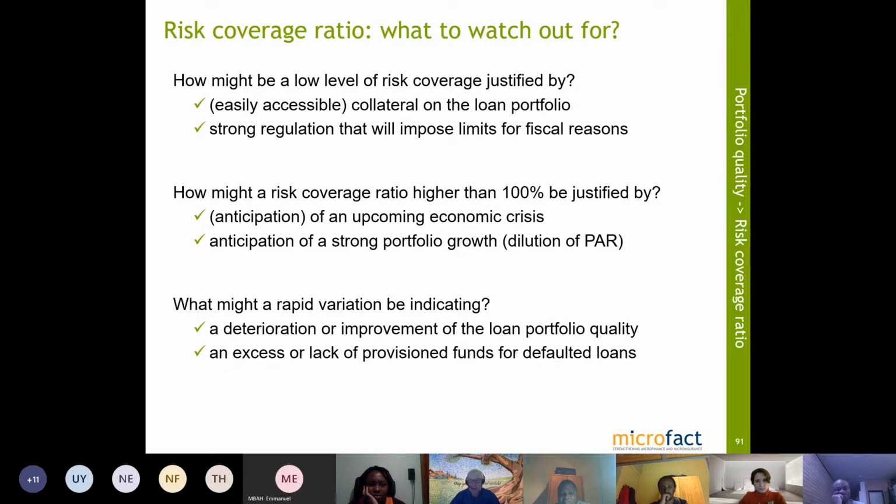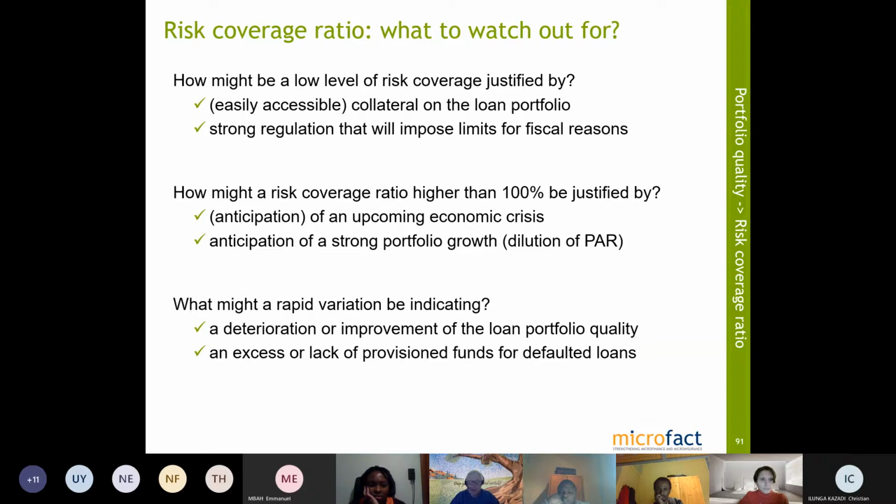That's what the regulator is saying. So organizations are perhaps not allowed to do this according to regulation, but sometimes you have to be more severe than the regulator. If you feel that it's required for the organization, you can make more provisions, but in that case, these provisions are perhaps not tax friendly. You have to pay taxes in advance. So that's sometimes a balance you have to find.